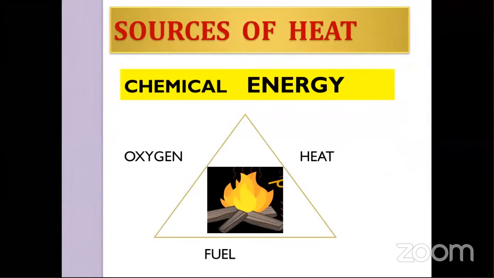The next source of heat is chemical energy. Here oxygen, heat and fuel are shown. When a fuel like wood, coal, petrol, etc. burns, a chemical reaction takes place between the fuel and oxygen, and heat is generated in this reaction.